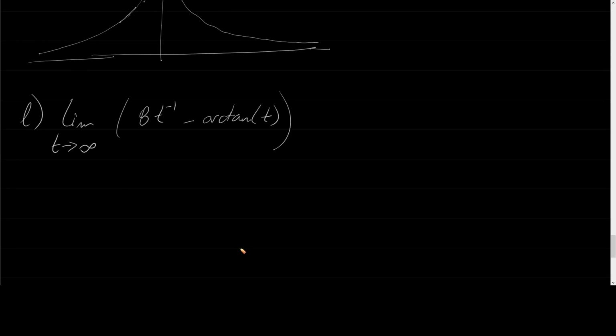And here, the very first thing I'm going to do is rewrite this. I don't like that negative exponent, so we're going to have the limit as t goes to infinity of 8 over t minus arctan of t. As t goes to infinity, 8 over t goes to 0. But what about arctan?